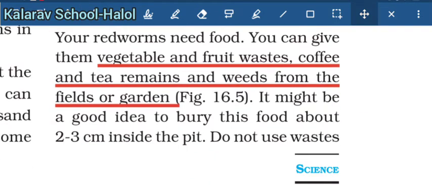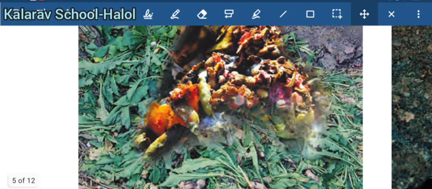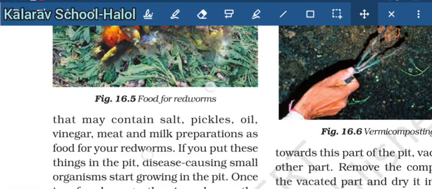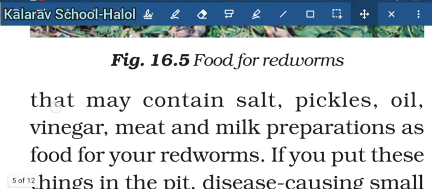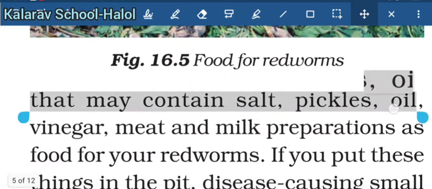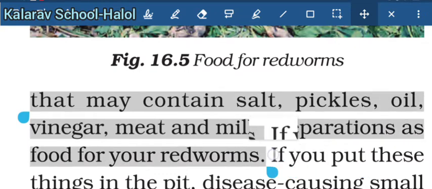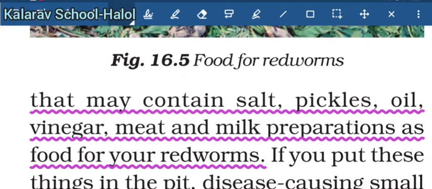You should bury this food about 2 to 3 centimeters inside the pit. But you cannot use salt, pickles, oils, vinegar, meat and milk preparations as food for red worms.